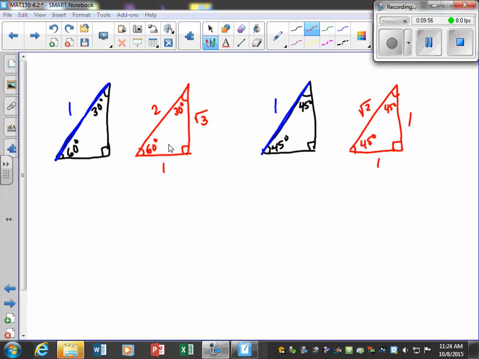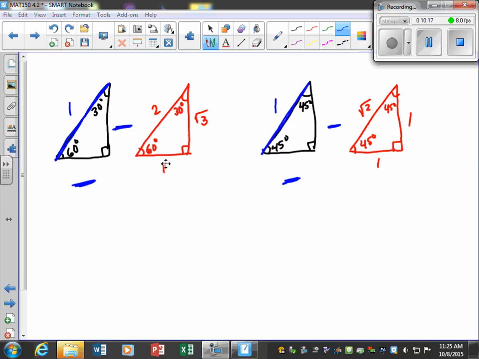Okay, so I've kind of sketched the previous page right next to it so it can help you see how to fill out the missing side. So I want this missing side and this missing side on the 30-60-90, and I want the other two missing sides on the 45.